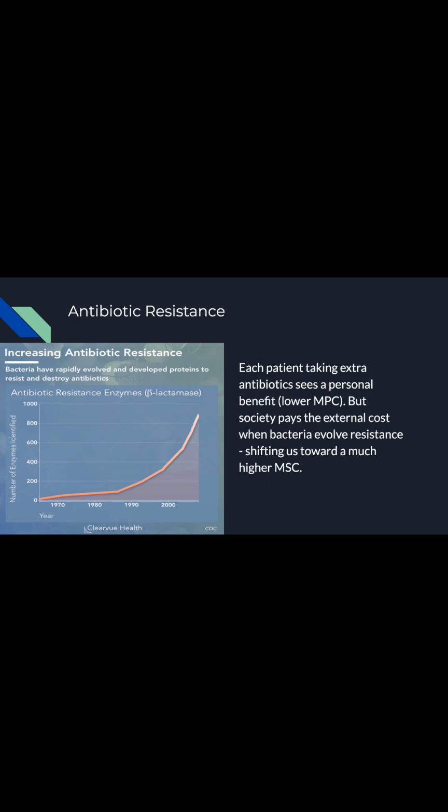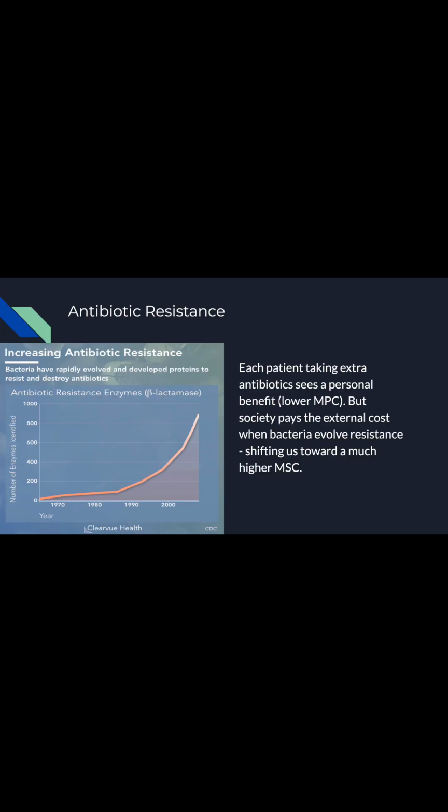Each patient taking extra antibiotics sees a personal benefit, but society pays an external cost when bacteria evolve resistance. So kind of like the human body evolves to resist the antibiotic. And so it shifts towards a much higher MSC.